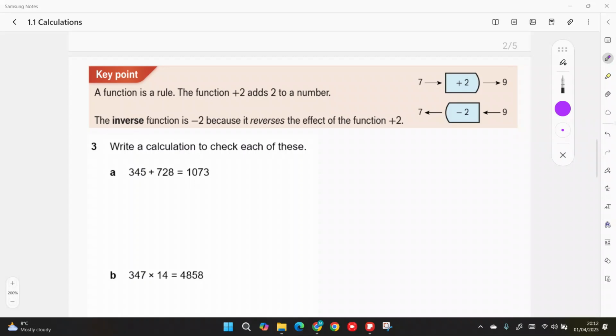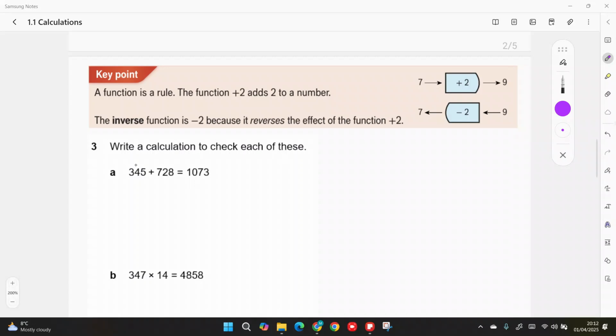Now this word inverse means quite simply reversing the effect of the original function. So the inverse of this function here would be minus 2. So if you were asked to do the inverse calculation, you are essentially being asked to reverse the original calculation.